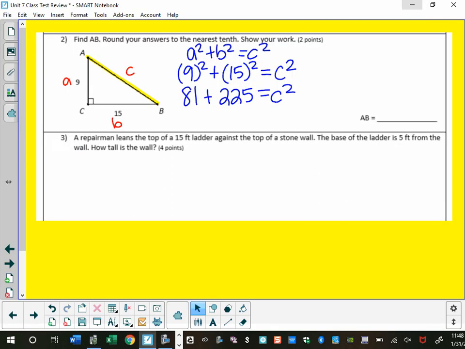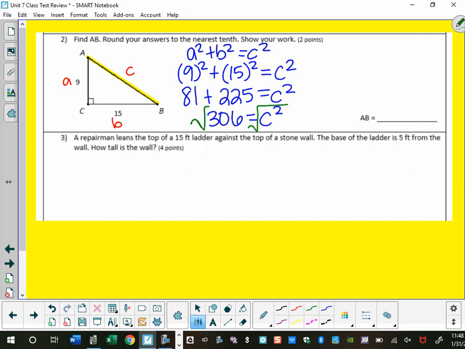I was breaking it down step by step, but you don't have to do that. What is the square root of 306? Because this is not my answer. Take the square root. 17.5. Yep, 17.5.